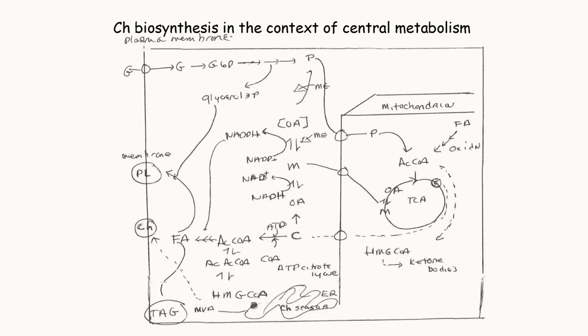Where do fatty acids go? They can attach to glycerol, okay? And where does glycerol come from? It comes from breakdown of sugars through the glycolysis pathway. And they come together to form phospholipids, which make up all our membranes. Pretty important, okay? What else can fatty acids do?